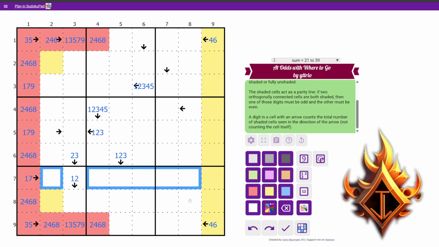Those would be red. That would be yellow. That would be red. That would be red. And then that would be red. That would be yellow. That would be red.